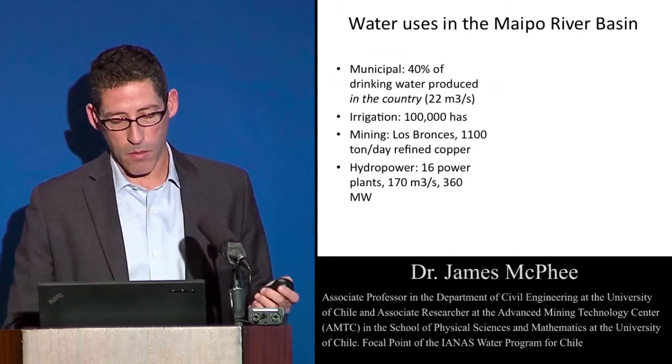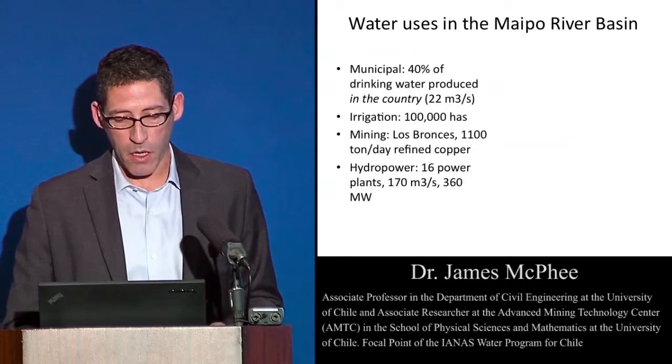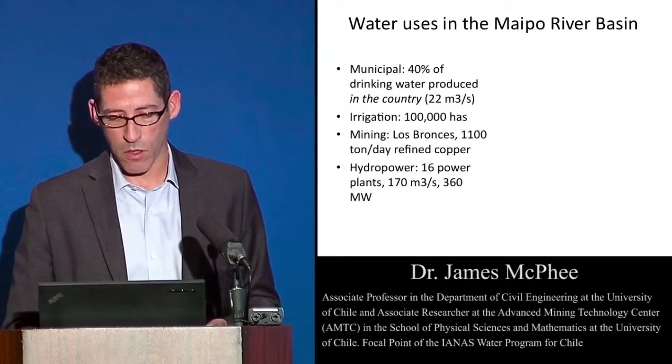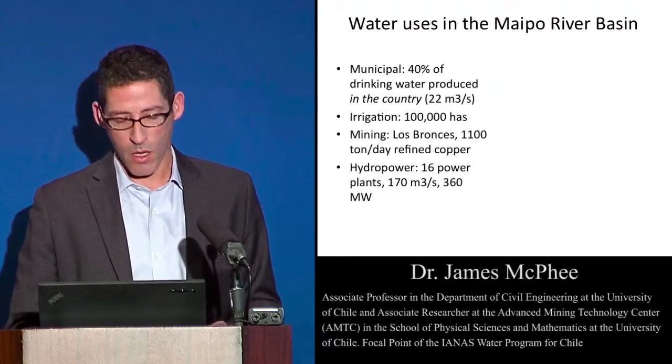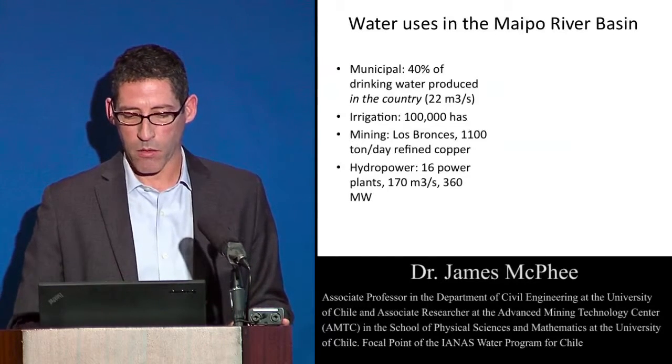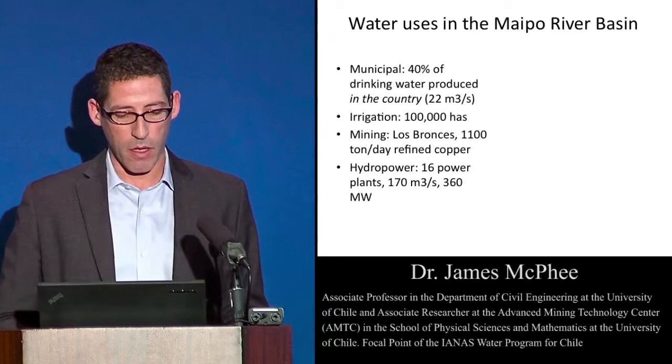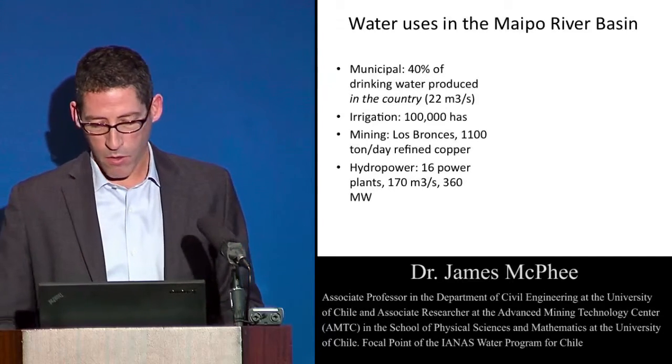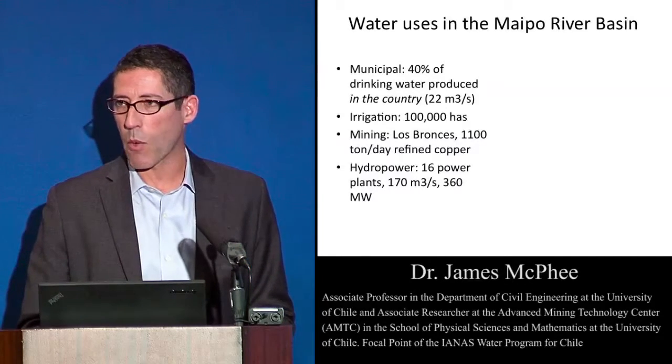Then we have mining, copper and molybdenum mining, also some minor operations on gypsum mining, and 16 power plants that use roughly 170 cubic meters per second with 360 megawatts of installed power.